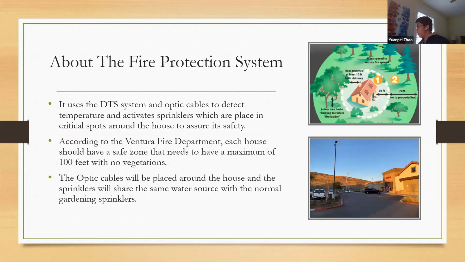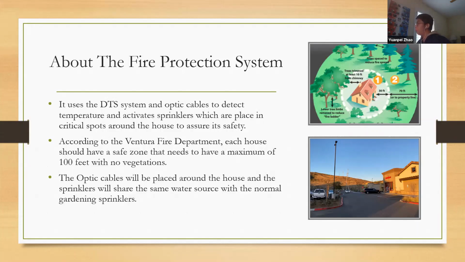And now, other things about fire detection system knowledge. According to the Ventura Fire Department, as you see in the picture on the top right corner, it recommends 100 feet with no vegetation as a safe zone for houses.